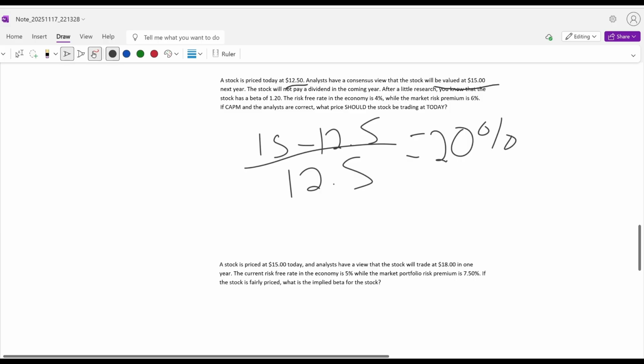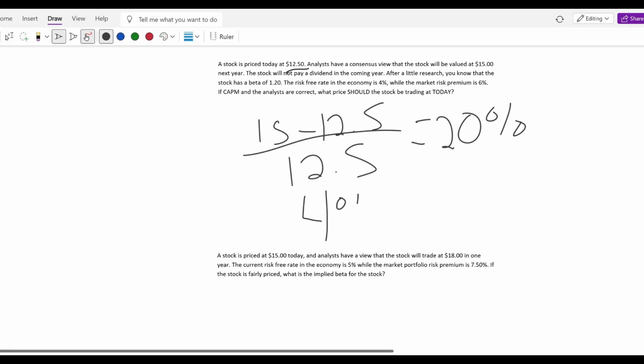Now we need a required return. Like we went over, the required return is what investors need to invest. It is that CAPM formula, the cost of equity, the cost that the company will have to pay for investors to invest in this company.